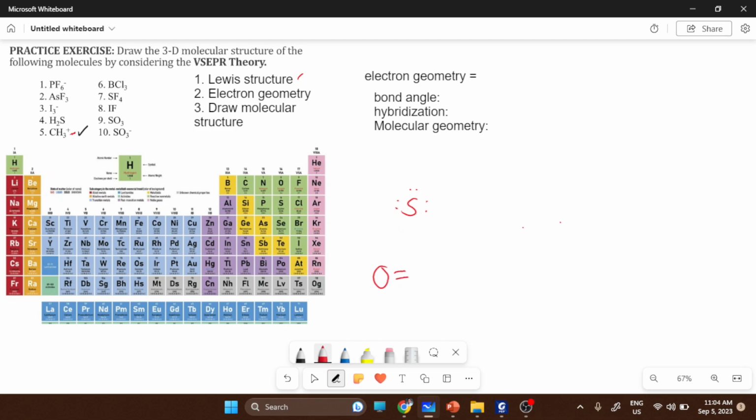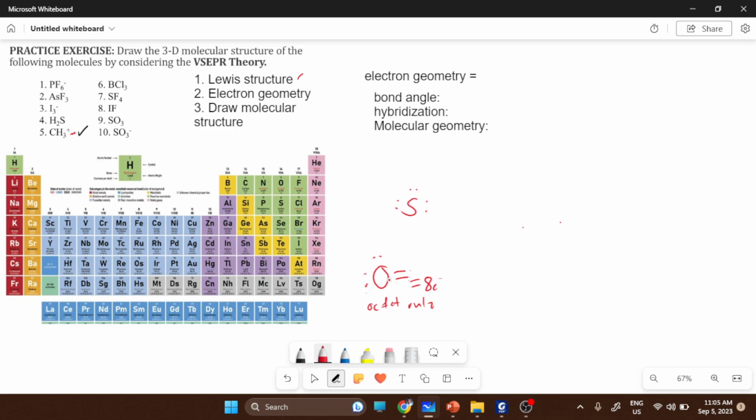Hindi ko lang siya dinodrawing for the convenience of time. Yan. So, kapag double bond yung oxygen natin, ma-obey niya yung octet rule, right? Octet rule. Kasi, 1, 2, 3, 4, 5, 6, 7, 8. So, magkakaroon tayo ng 8, di ba? to achieve its stable configuration ng atoms natin, di ba?